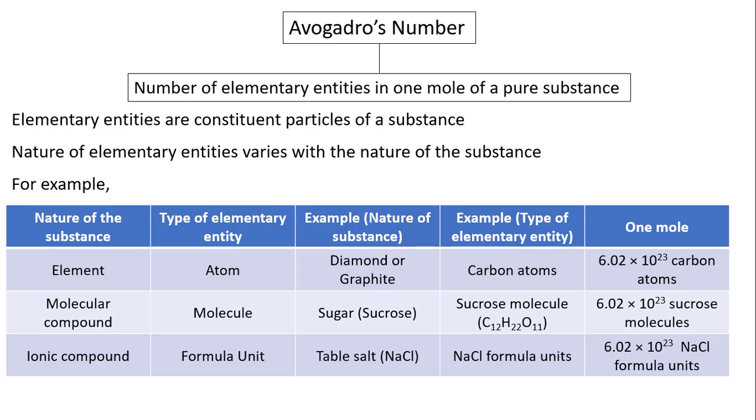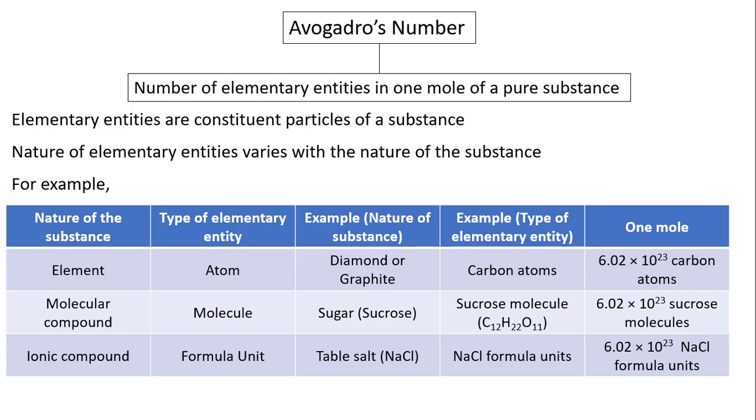And if I say that there are this number of formula units in 1 mole of NaCl, it doesn't mean that NaCl molecules are there. On average, we can say that in 1 mole, in about 58.5 grams of NaCl, there will be 6.02 times 10 to the power 23, or the Avogadro's number of sodium ions and the Avogadro's number of the chloride ions as well, and they will constitute a whole lattice.